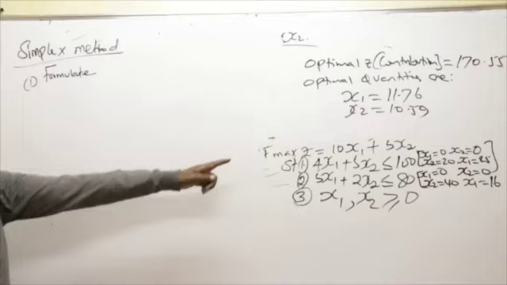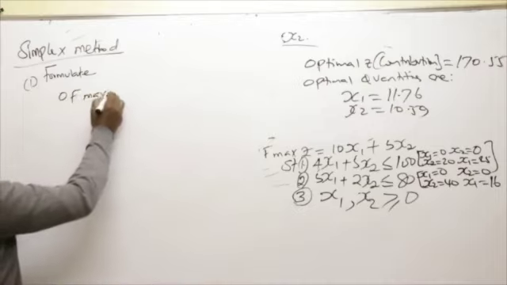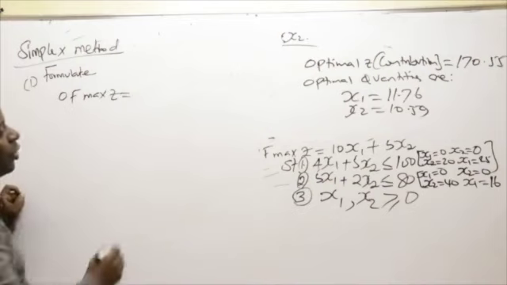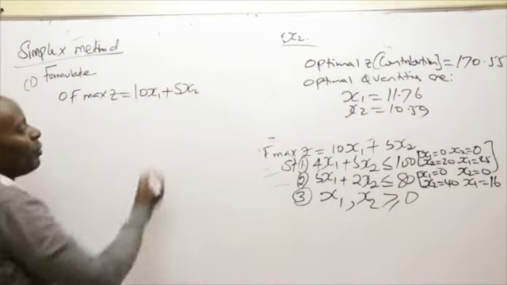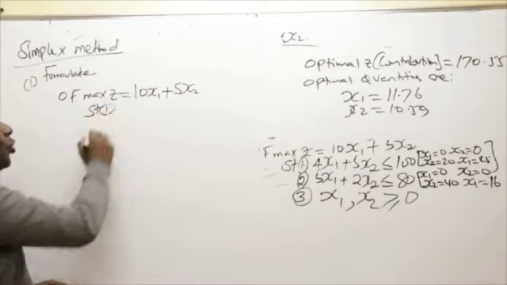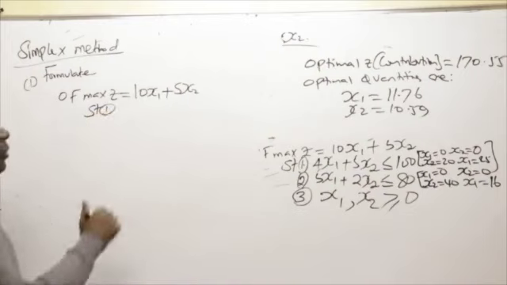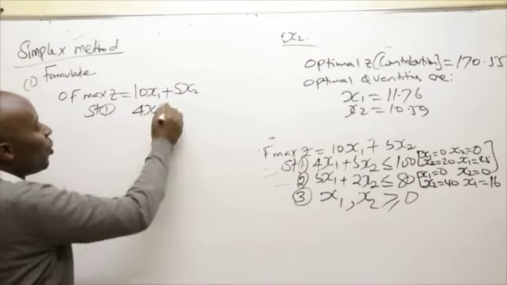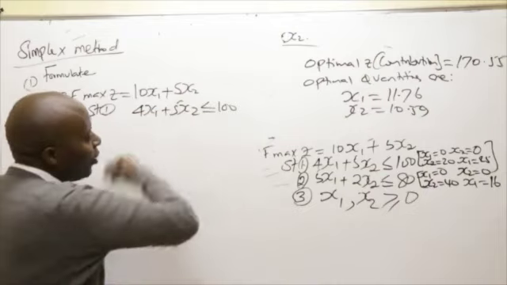Fortunately, we had formulated our problem. Our objective function was to maximize Z, which equals 10x1 plus 5x2. Then we have, subject to number one, 4x1 plus 5x2 less or equal to 100.